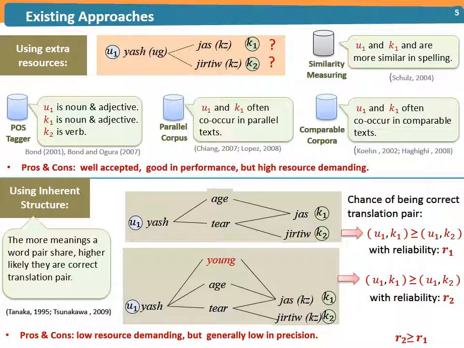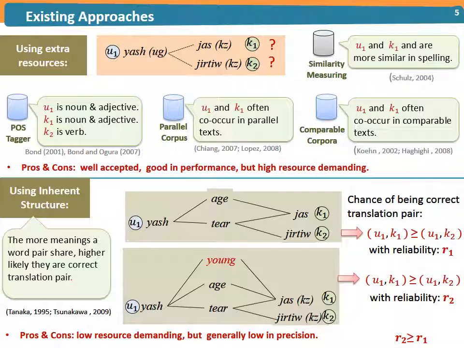These kinds of approaches are well accepted. They are good in performance, but they are still highly resource demanding, so we need some external resources to implement this approach. And there is another approach which only uses the inherent structure of the original dictionaries.